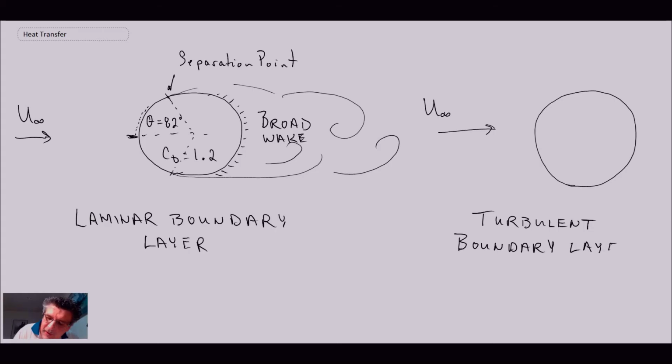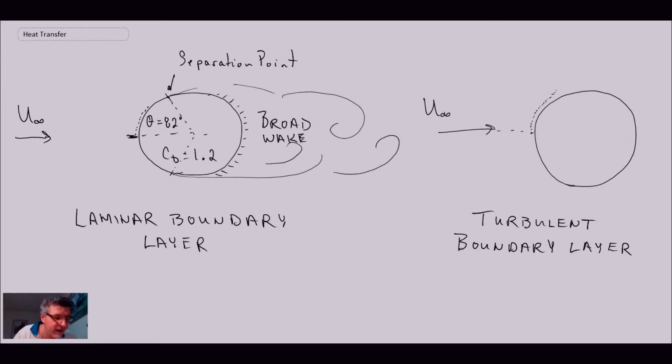So this could occur in a number of different ways. Obviously, if the Reynolds number was higher, you can also sometimes trip the boundary layer on a cylinder. What you do is you either put a wire or sandpaper at the front, and that can cause the boundary layer to transition. But we would have our stagnation point.